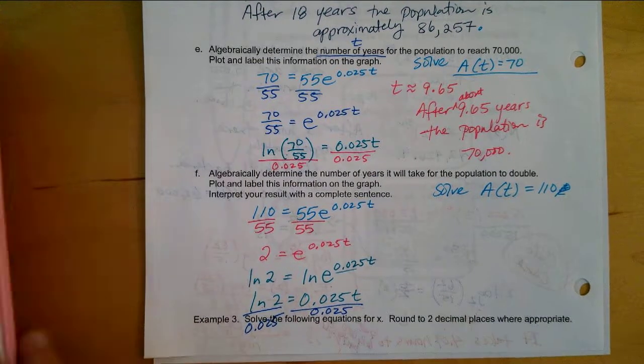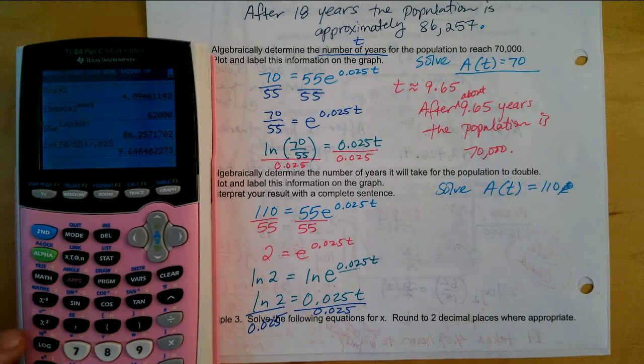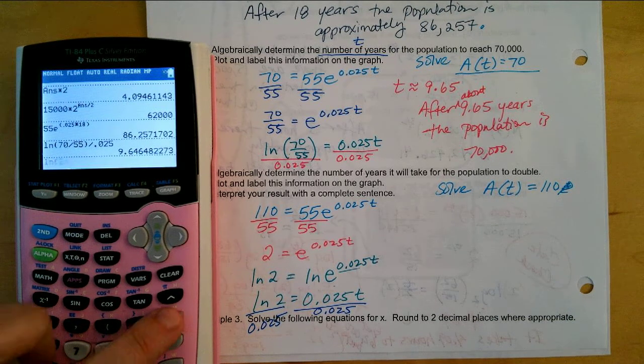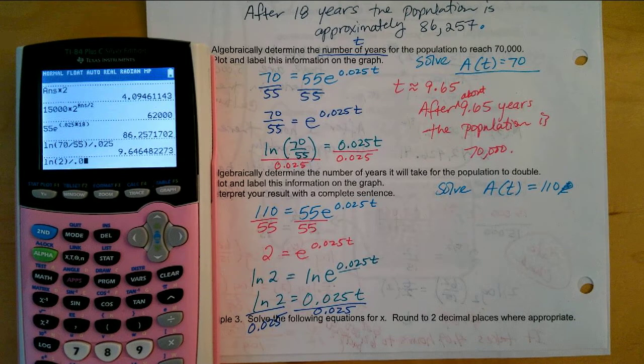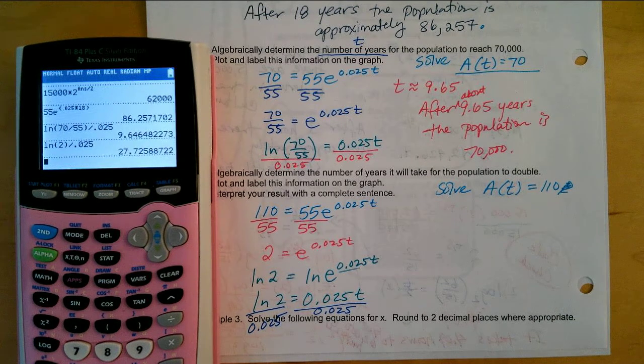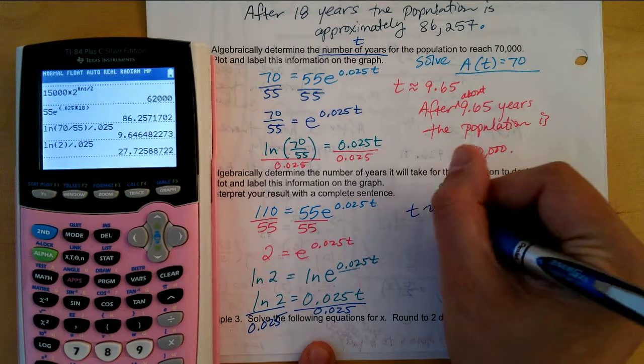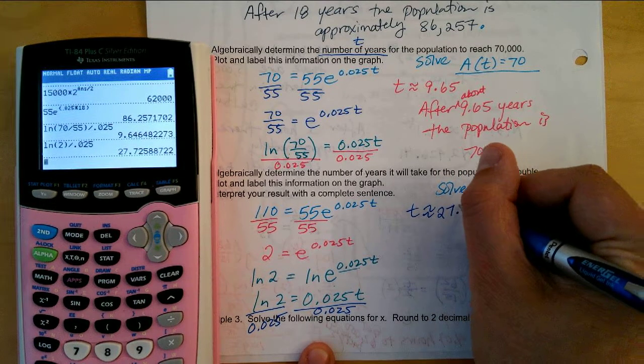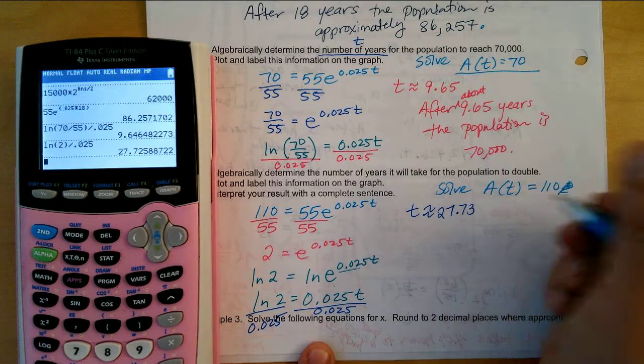And so in our calculator, we can put in ln of 2. Should I divide now or close the parenthesis? Very good. And then divide by 0.025 equals t is approximately 27.73.